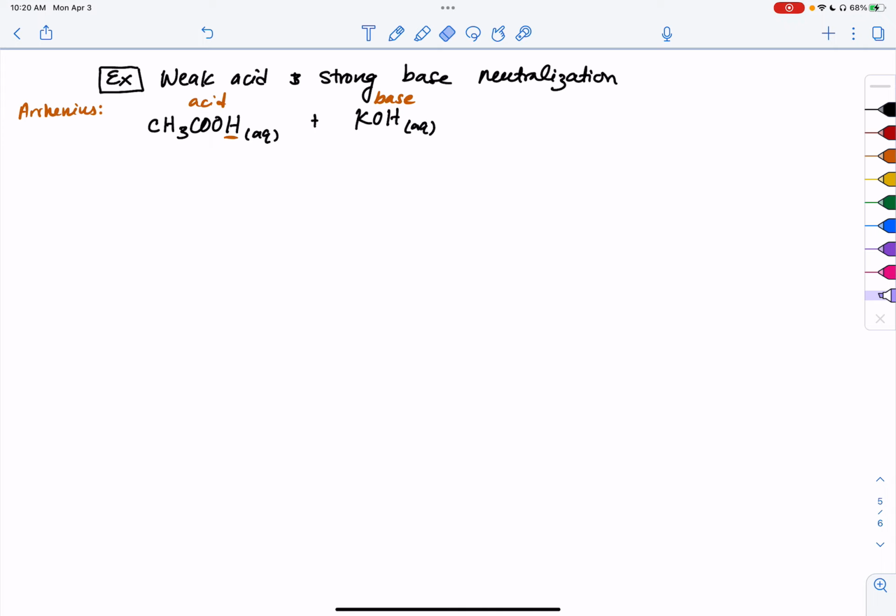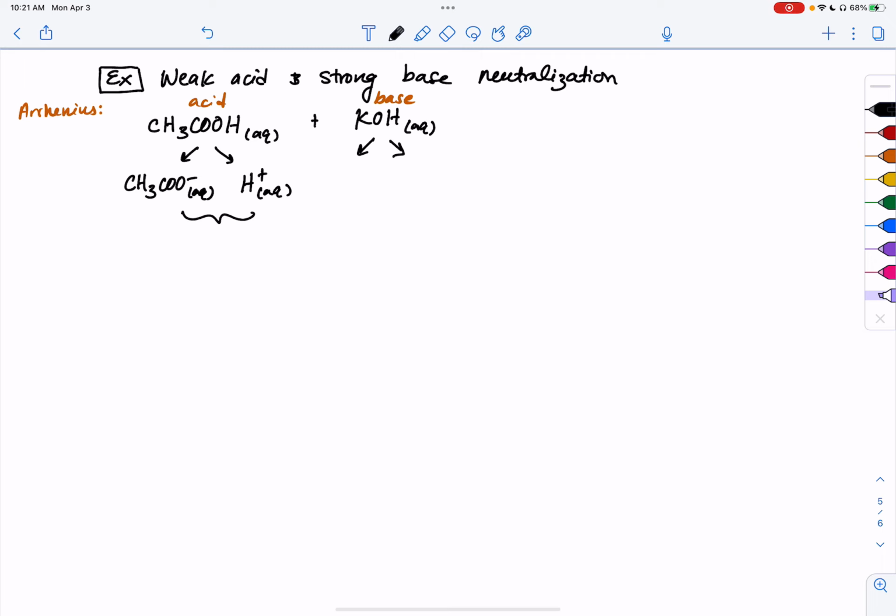And if we want to prove this to ourselves, let's show what these things might generate in solution in order to create either acidic or basic particles, meaning hydrogen ions or hydroxide ions. So for acetic acid, I do in fact generate the acetate ion and the acidic H+.